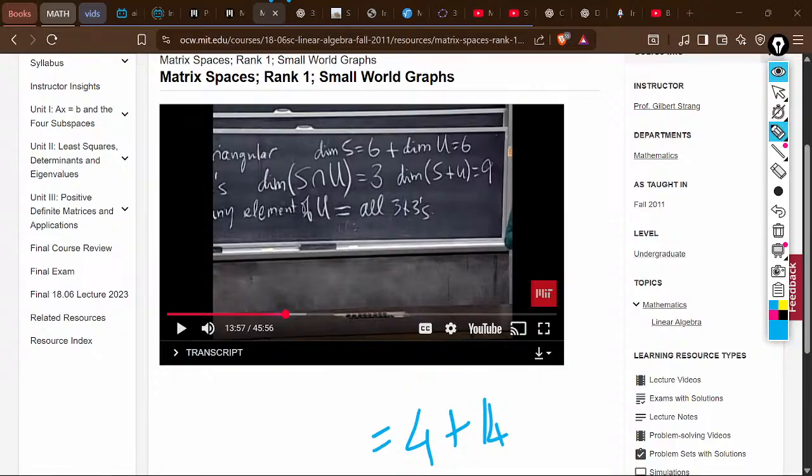So that should be equal to the dimension of the symmetric matrices. I think it will be 10. Counting them: 1, 2, 3, 4, 5, 6, 7, 8, 9, 10.